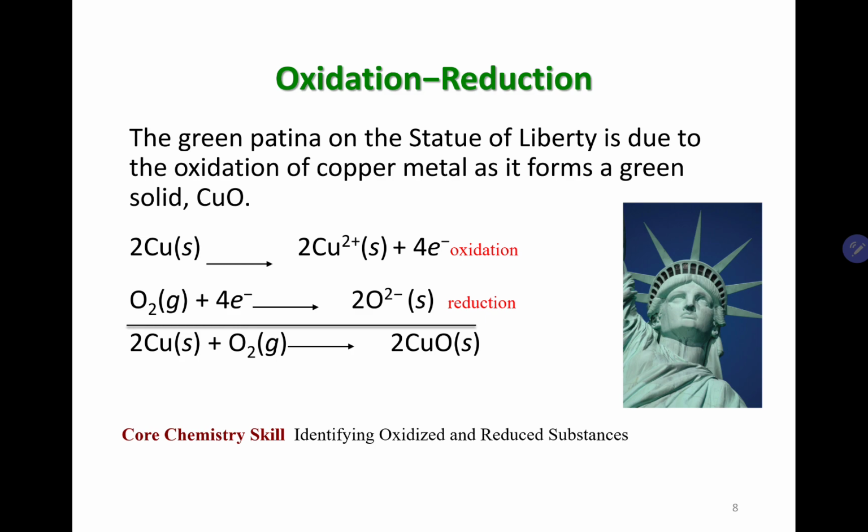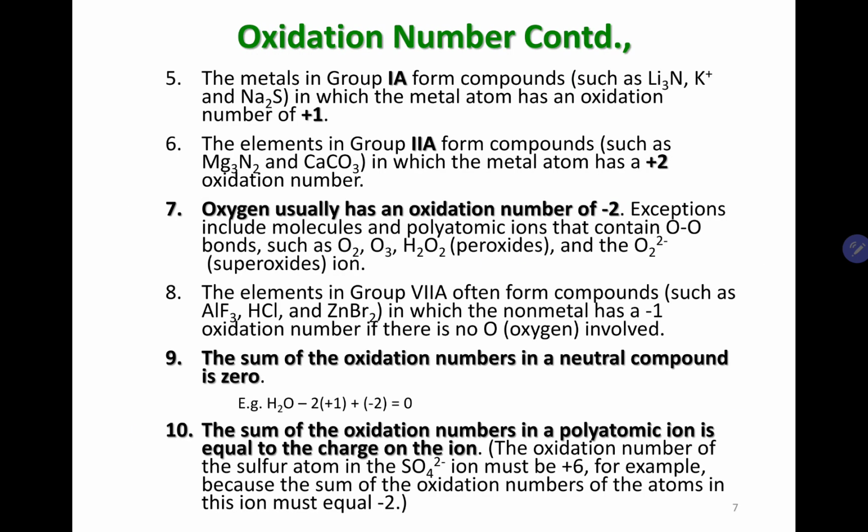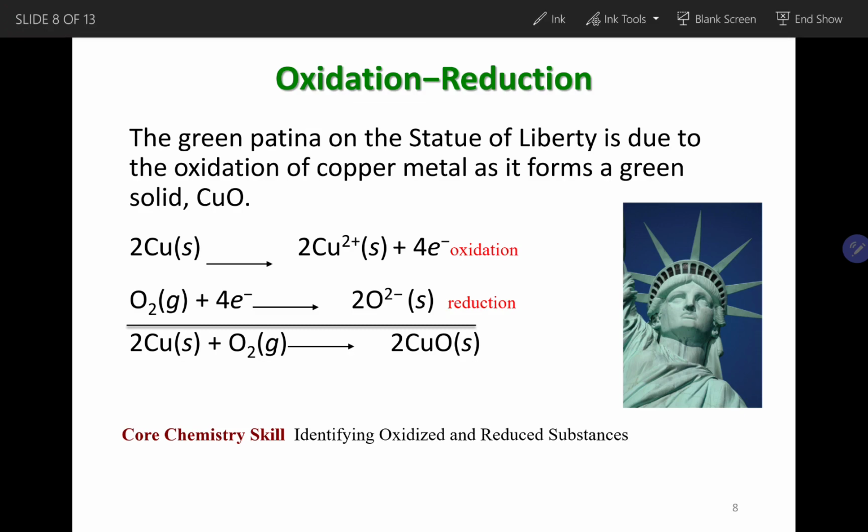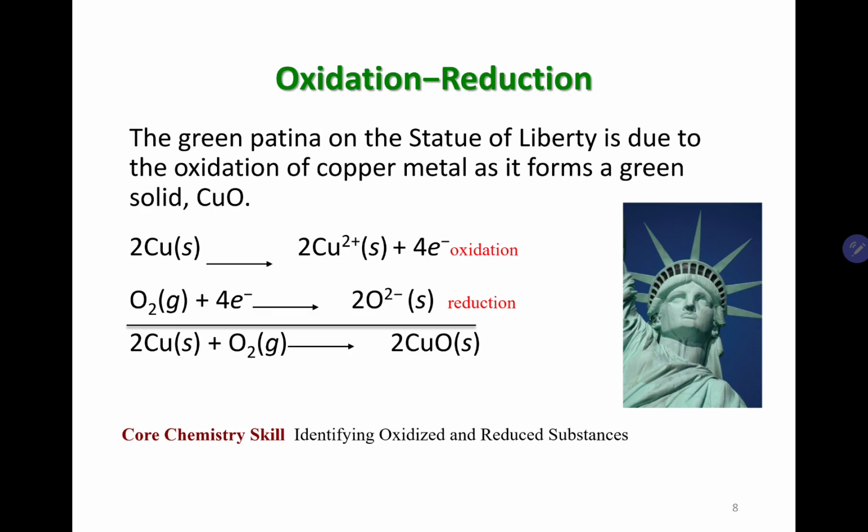So here I have a simple example for oxidation reduction reactions. It is a reaction between copper metal and oxygen gas producing copper oxide. As you can see in this reaction, copper metal oxidizes to copper 2 plus ions.